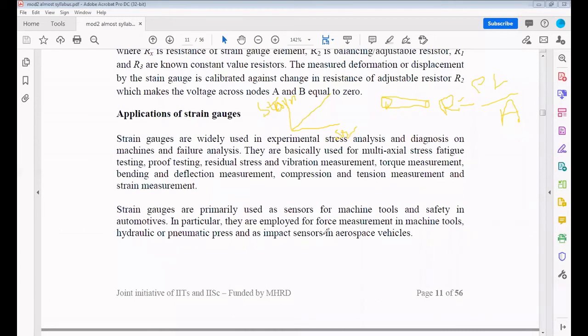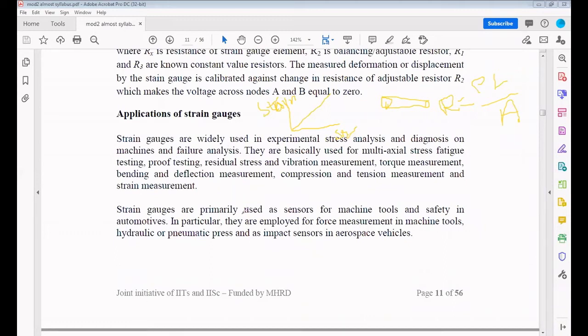Strain gauges are one type of sensor, so they detect something. What they detect is stresses, and they diagnose machinery failures inside the machinery. These are the major applications.